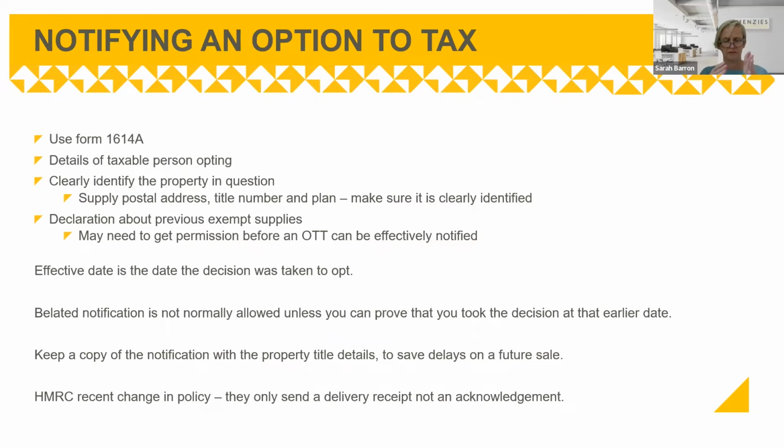When they bought it, the front door was on number 1 West Street, and by the time they've reconfigured everything, they've moved the front door to number 100 South Street. So the building has a different name, it has a different postal address, title numbers can change, but because we've got a plan of that building showing the corner plot, it was easy to identify later on that yes, that is the plot that we've opted.